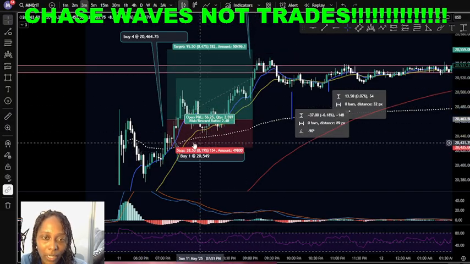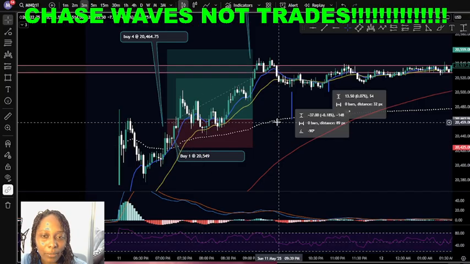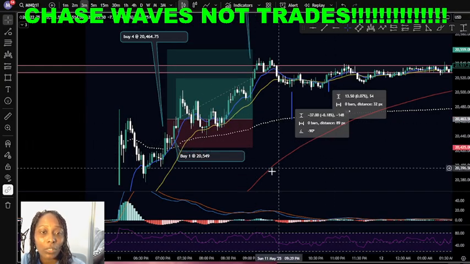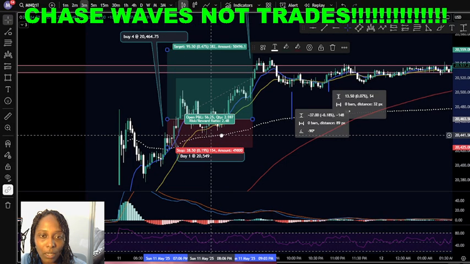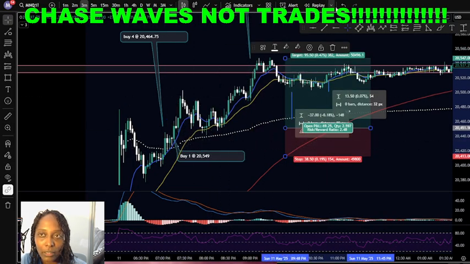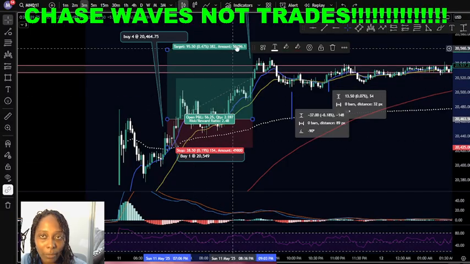It does help you recognize whether your entries were early or late, and how many times the trade would have actually given you a chance to enter. So within this trade, I entered where this middle line is, the line between the green and the red box. That's where I entered.